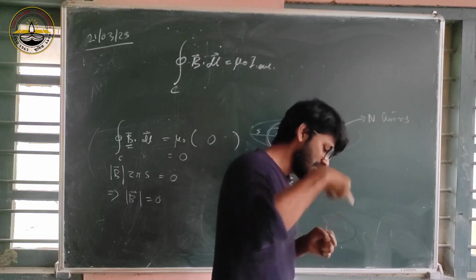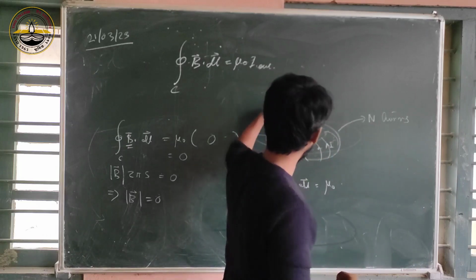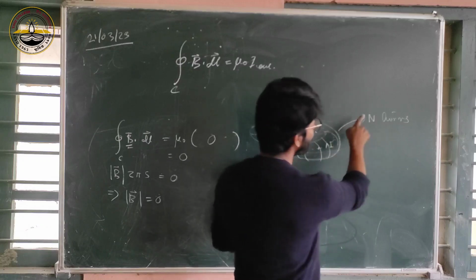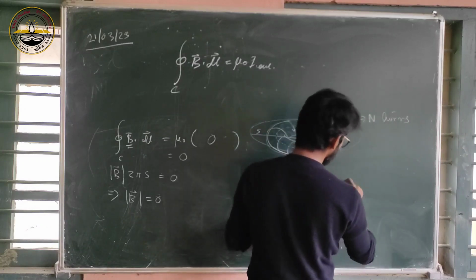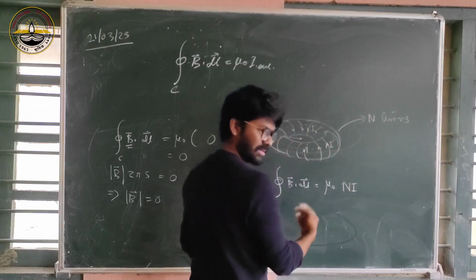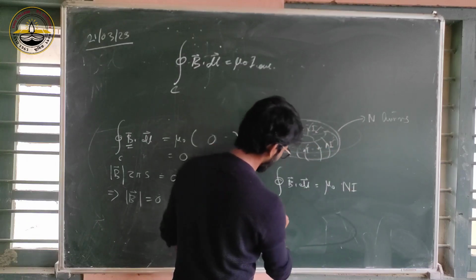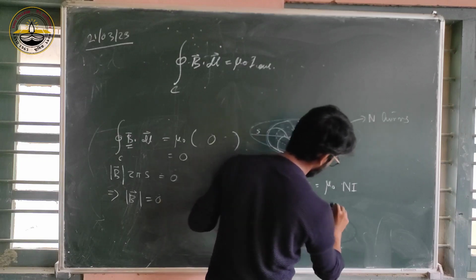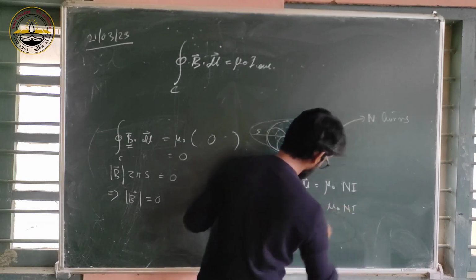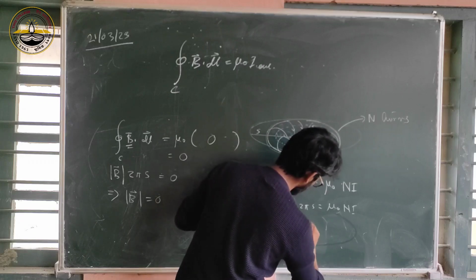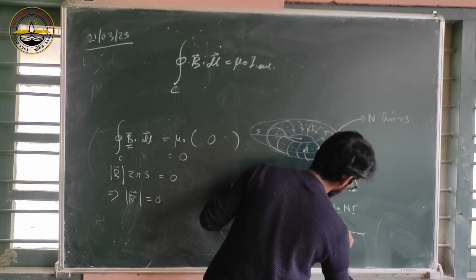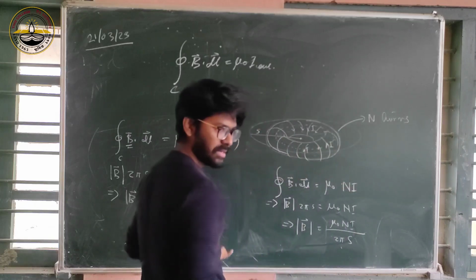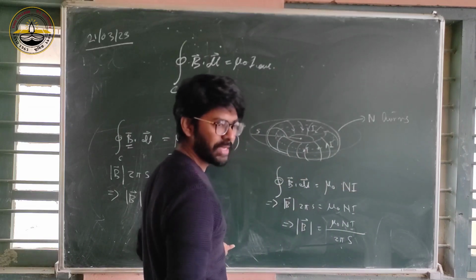N number of times. That's your total current. Therefore, B times 2 pi s equals mu naught N i, and that is the magnitude of the magnetic field.